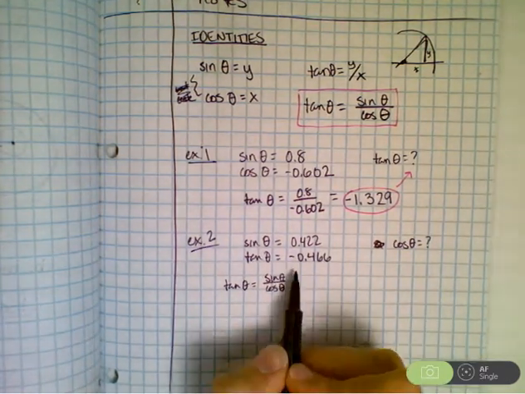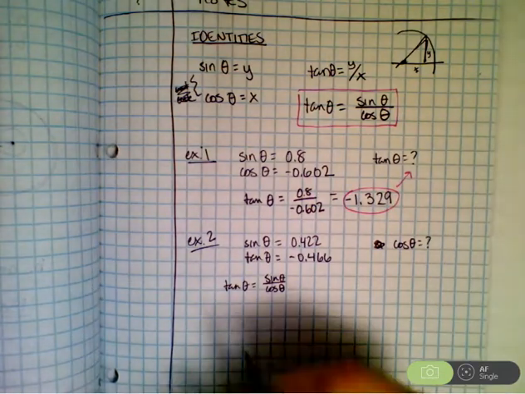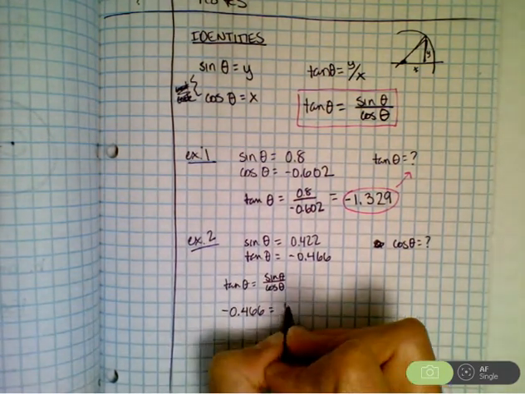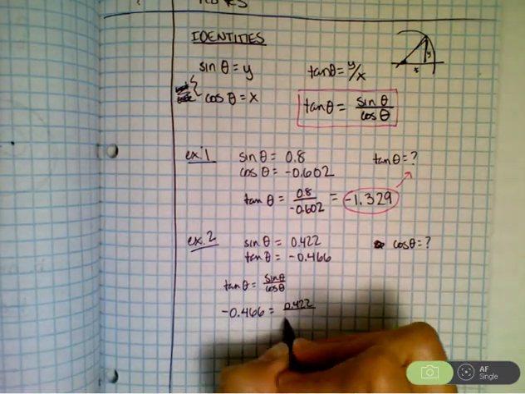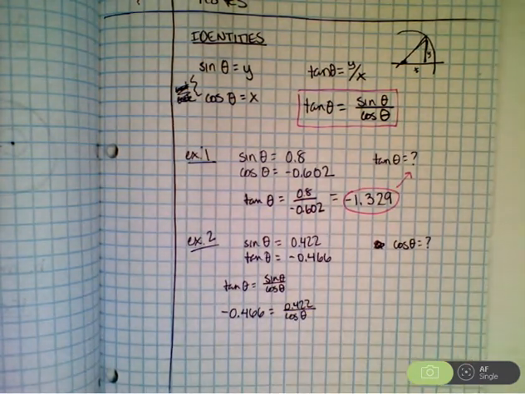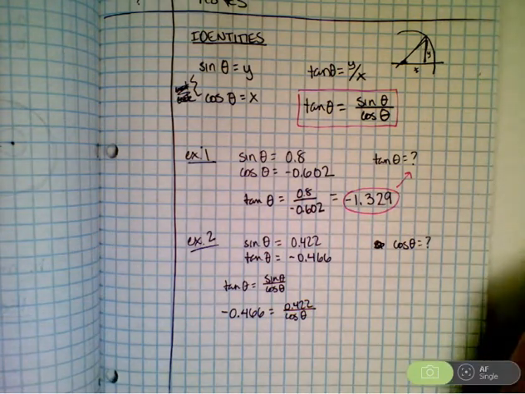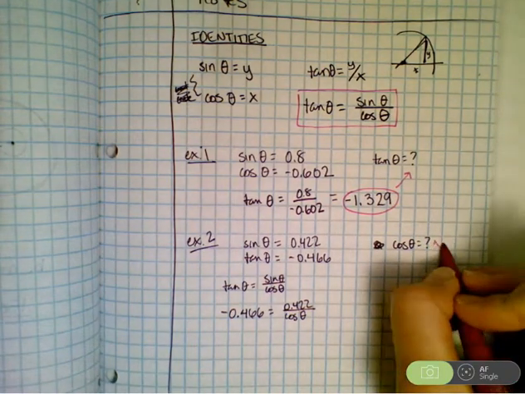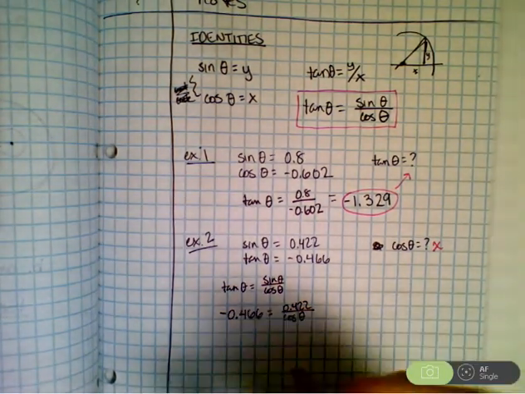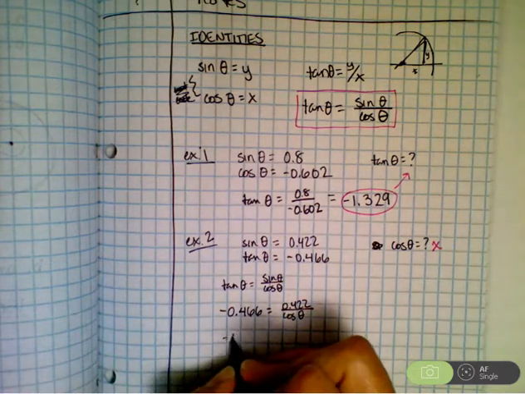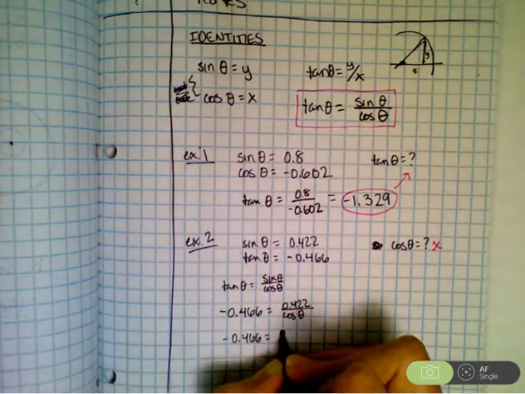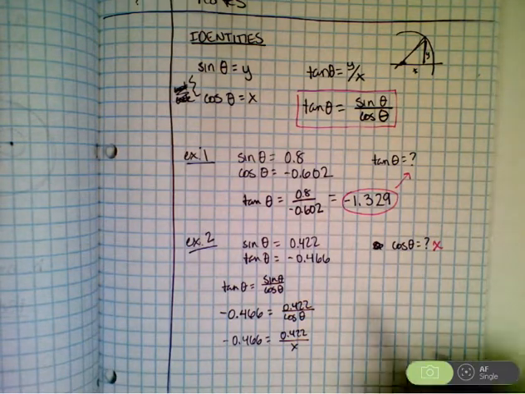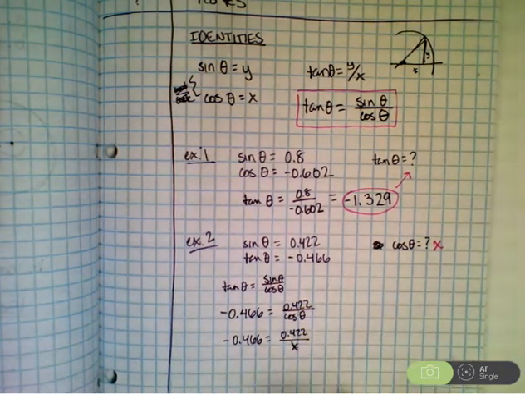Now we know tangent, we know sine, we're trying to find cosine, so we say negative 0.466 equals 0.422 over cosine of the angle. I'm going to call the cosine x, so we're looking at negative 0.466 equals 0.422 over x.